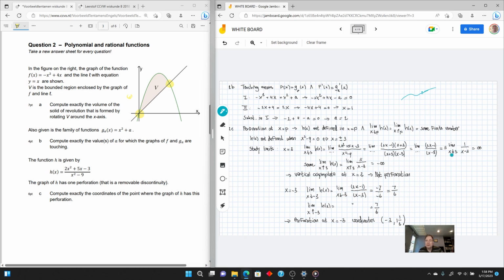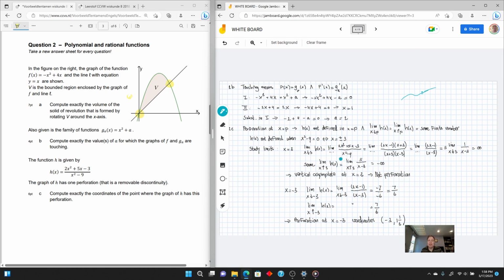which is not defined. And as a matter of fact, the numerator will approach 2 times 3 minus 1, which is 5. The denominator will approach 1 over x minus 3, which goes to infinity.